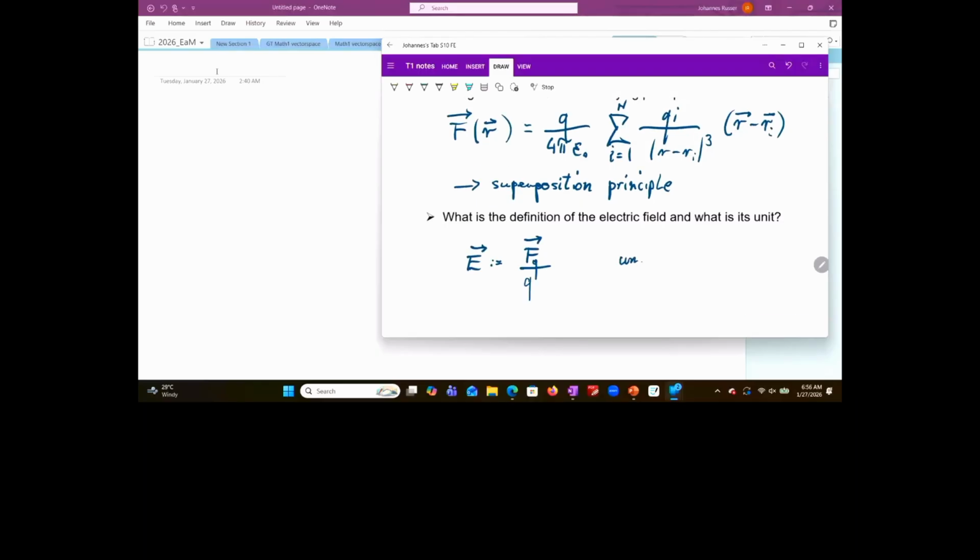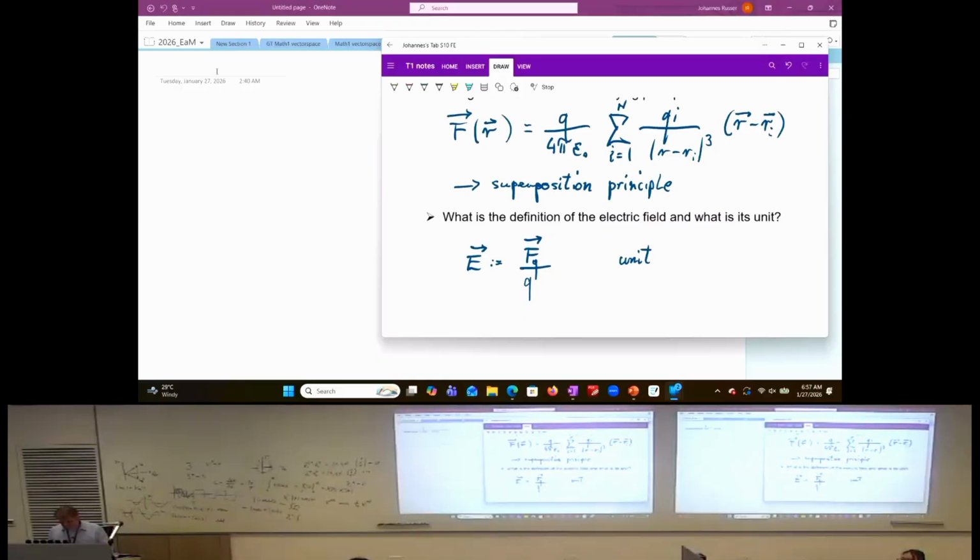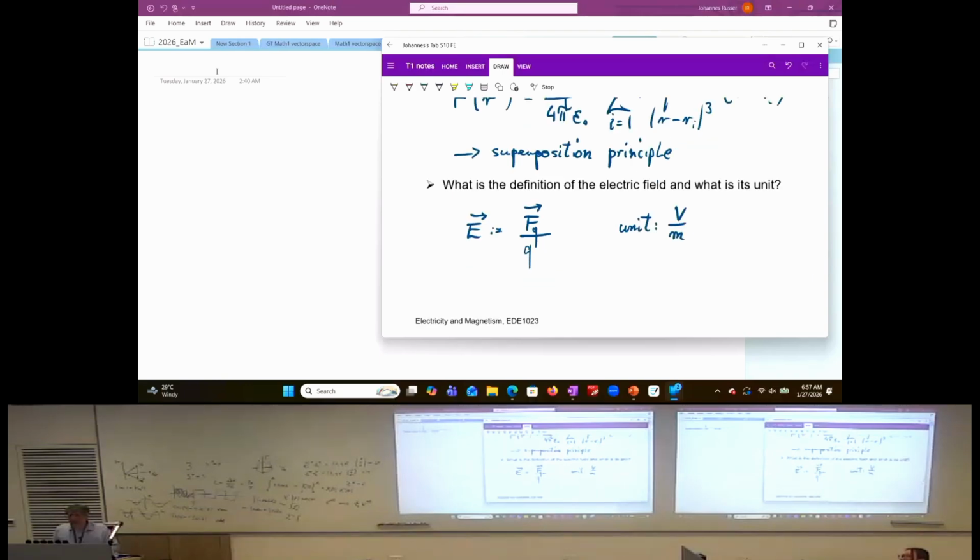Unit of the electric field? Well, the unit is volt per meter. But you can also get there: you can write force is Newton and the charge is ampere second. If you convert it accordingly, you can multiply it with meter, then you have Newton meter, which is the work, the same as watt times second, and watt is volt ampere second.